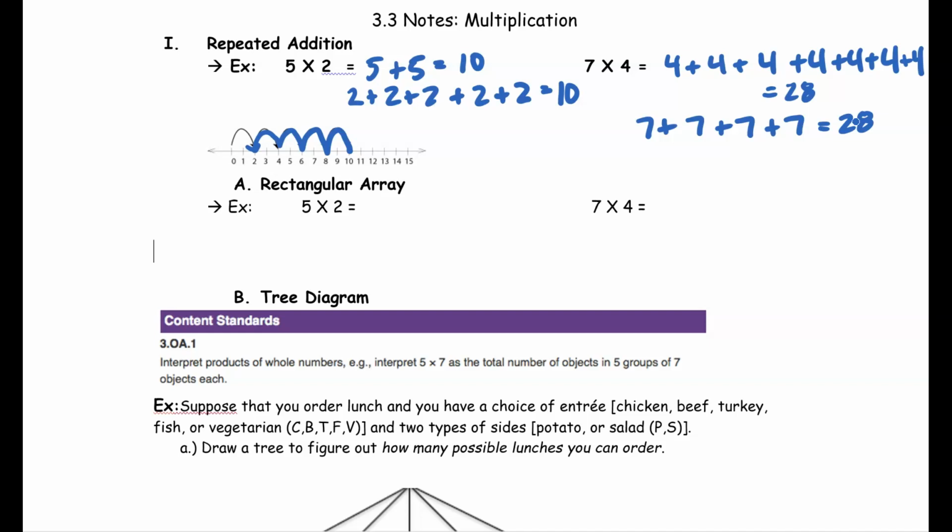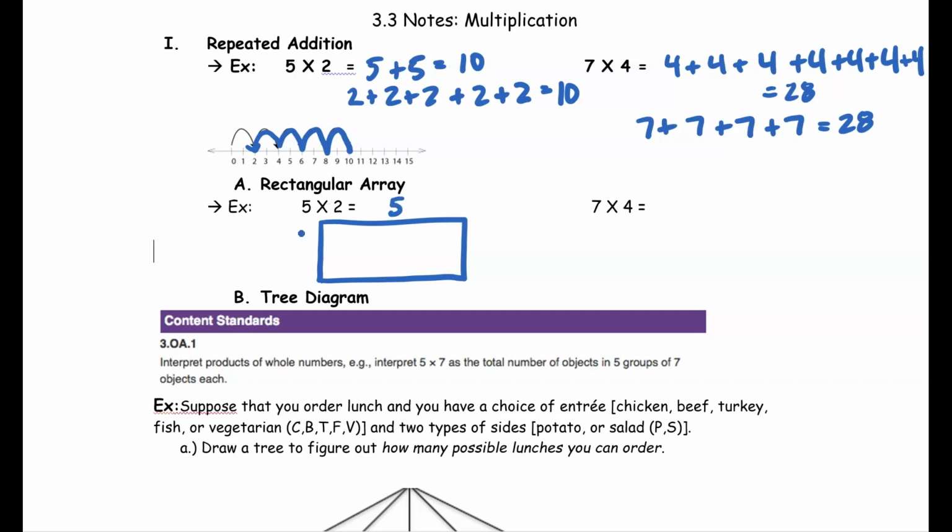So both are great. The next way that we're going to talk about is called a rectangular array, and this is a picture, a visual way of multiplying. One thing you can do is have students draw a rectangle, and it doesn't have to be to scale, but if it can actually represent the numbers accurately, that's helpful.